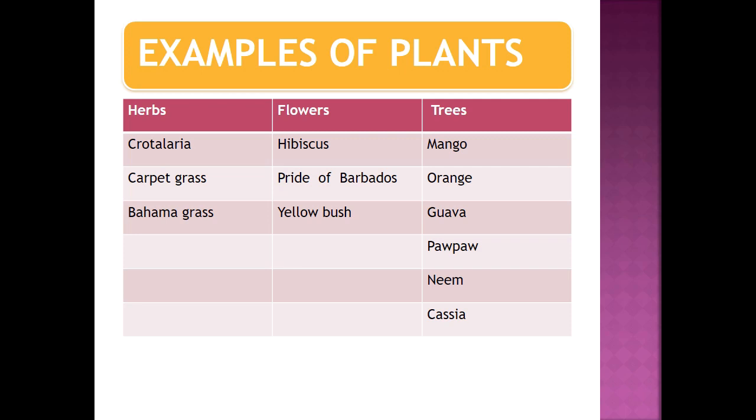Then we have the flowers. We have the hibiscus, we have pride of Barbados, we have yellow bush, etc. Then third group is trees. Under the trees we have mango, we have orange, we have guava, we have pawpaw, we have neem, and we have cassia, and so many of them. So these are examples of plants, either as herbs, as flowers, or as trees.